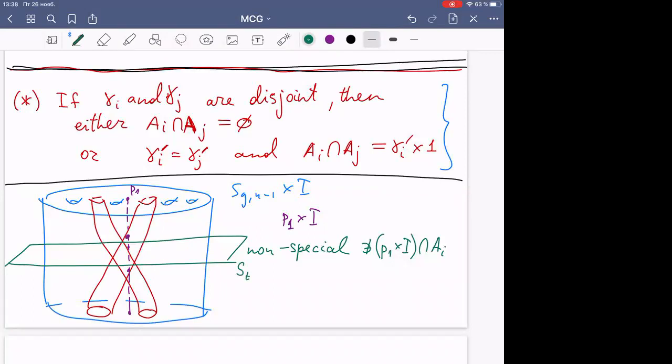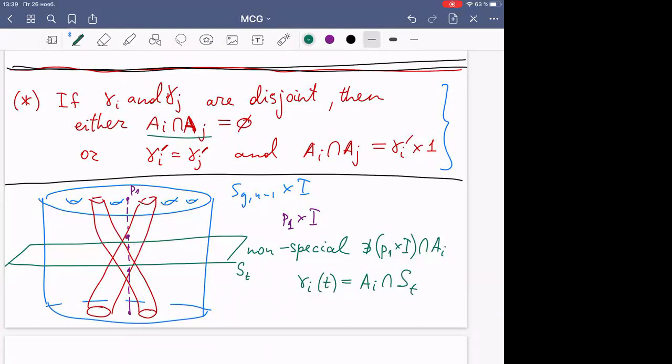It intersects our annuli in certain circles, which we denote by gamma I of t. Annuli are embedded so that they preserve the level structure. So this intersection is indeed an embedding.